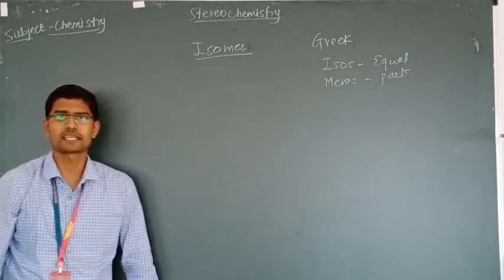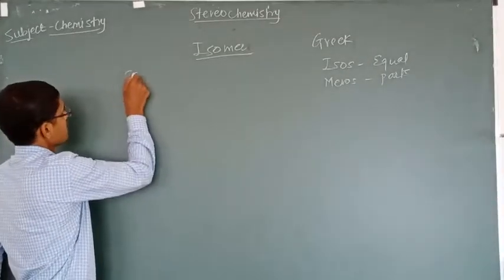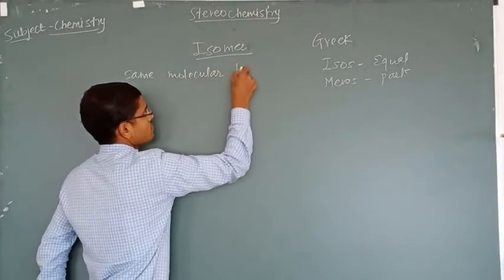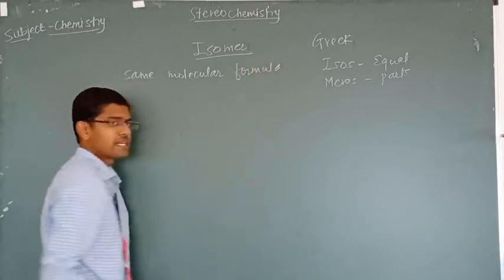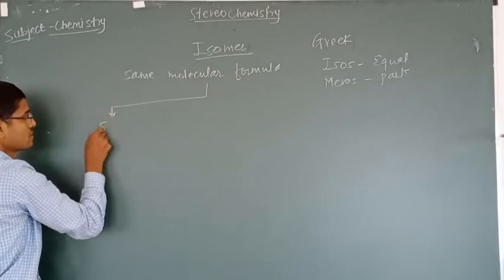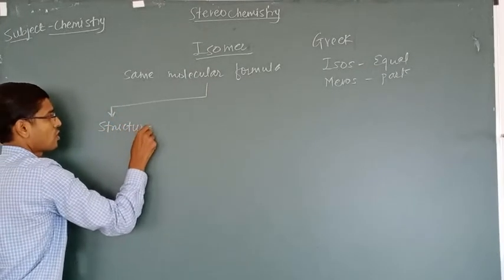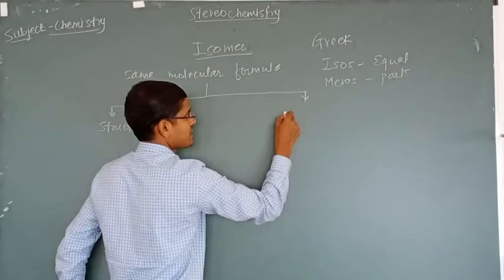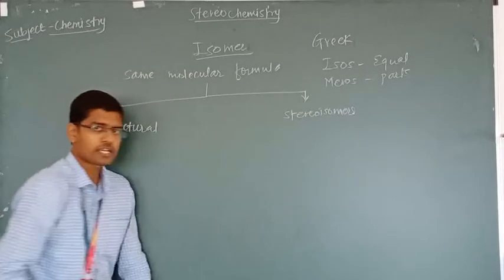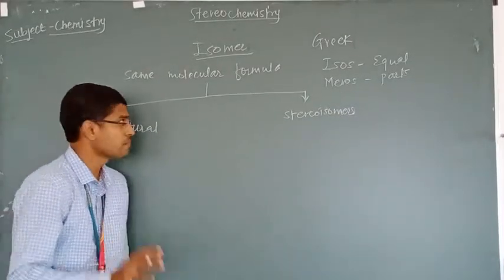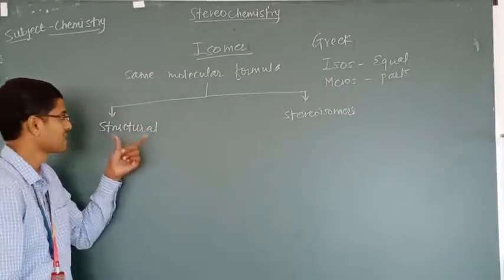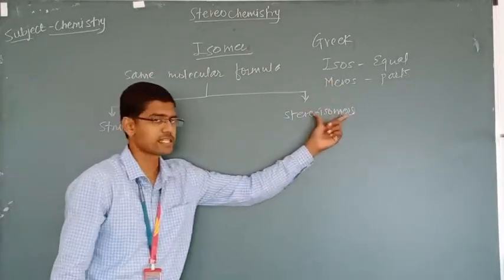Isomers are the compounds having the same molecular formula but either different structural formula or different orientation in space.